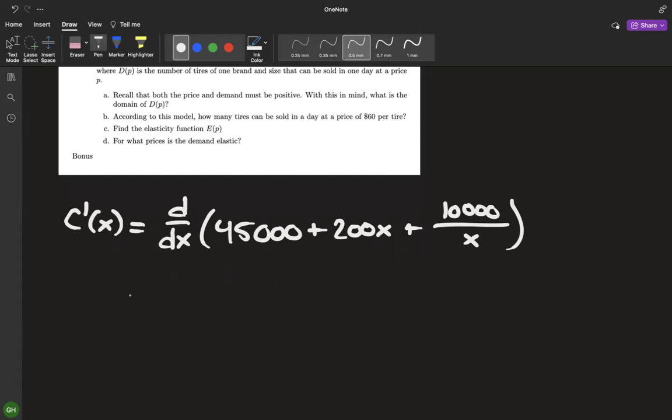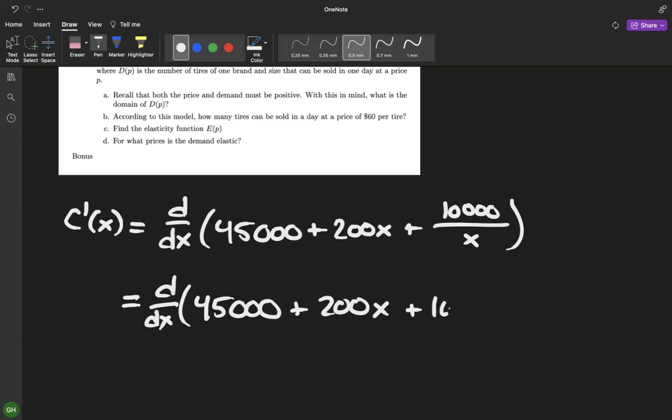And just to make the derivative a bit easier, I'm going to rewrite the last part as 10,000 x to the -1 power.